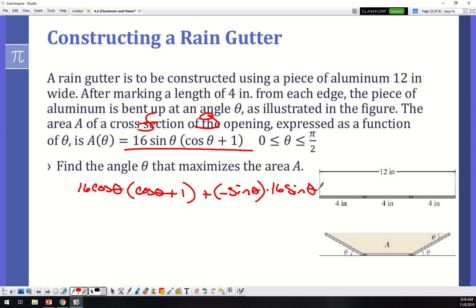So as I do my distribution, I'm going to distribute it together and see what I get. So let me see. All right, so it's going to be 16 cosine squared theta plus 16 cosine theta, right? And that's going to be a minus 16 sine squared theta.